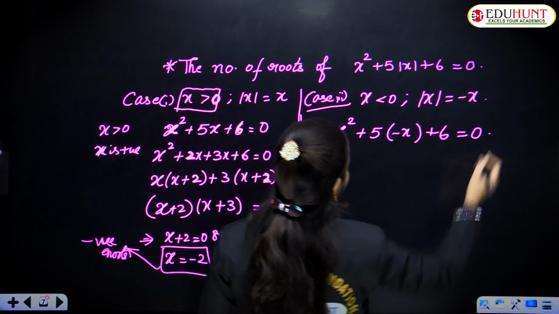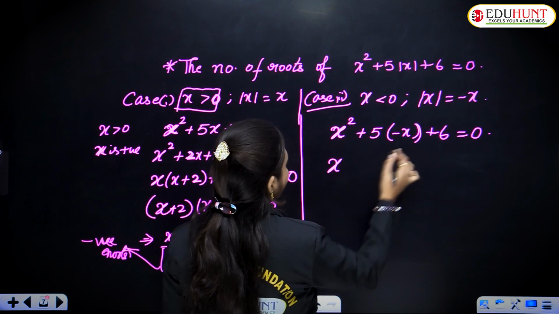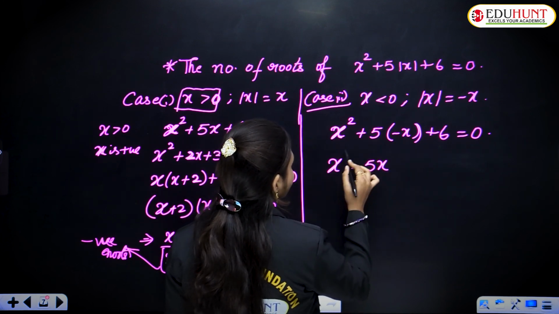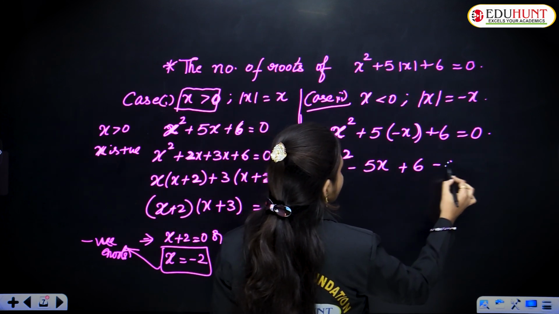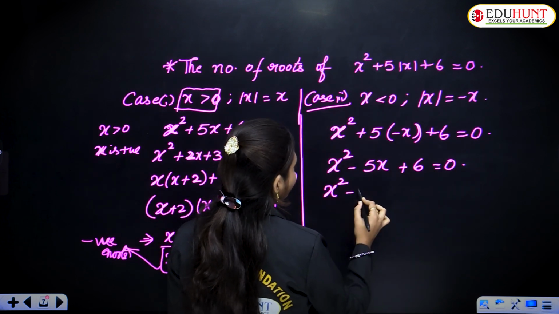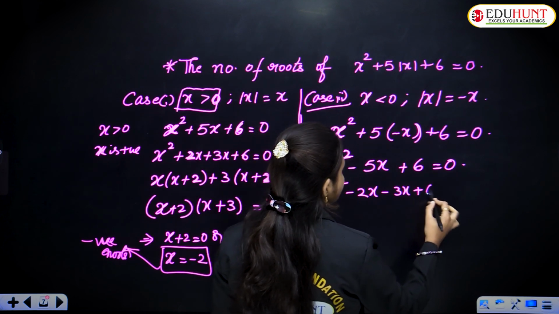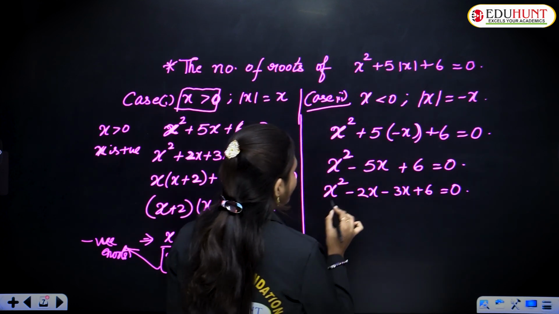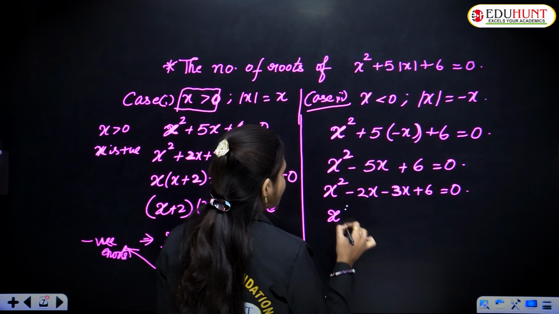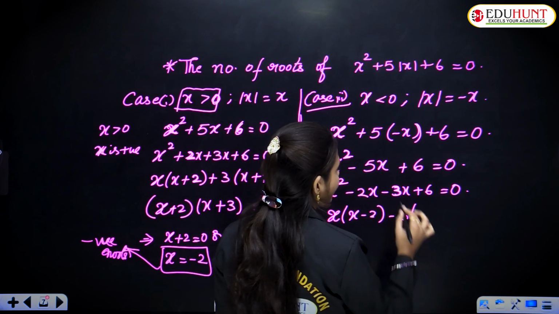Clear? So x² - 5x + 6 = 0. Okay, so here x², splitting the term, -2x - 3x + 6 = 0. So from these two terms take x as common, so x - 2, and -3 take it as common.